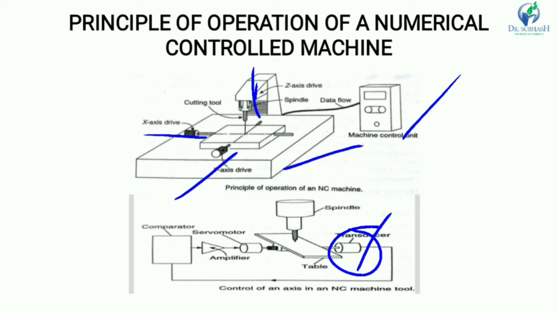The corresponding block of the program is read by the control system, and the necessary inputs are sent to the X and Y axis servo motors. These motors drive the respective slides to the commanded position. When the distance information from the feedback device equals the program value, the slide movement stops.